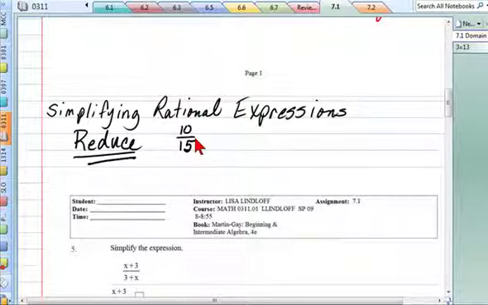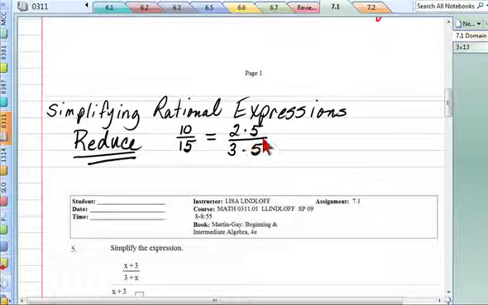Because you're looking for the greatest common factor. 5 goes into the top and 5 goes into the bottom. Now, what nobody ever writes down is the following: that 10 is 2 times 5 and 15 is 3 times 5. And because 5 is in common, you can divide it out, and you are left with 2/3. You probably would not write all of this out because it's numbers.